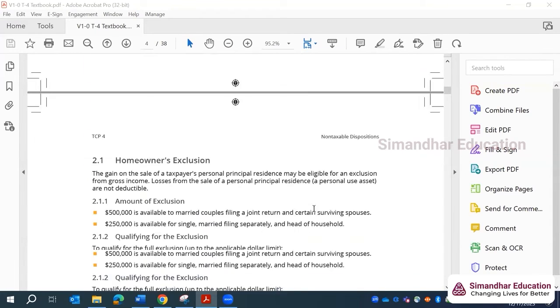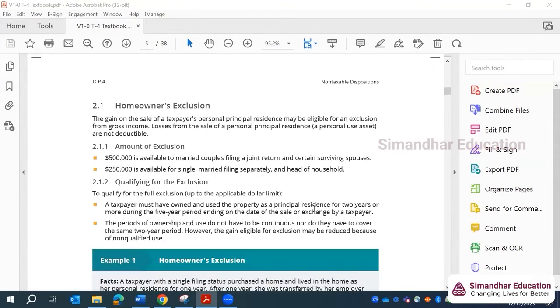Okay. So there are two criteria that you have to satisfy. One, that you should own the property for at least 2 years from the 5-year period ending on the date of the sale. And you should use the property for at least 2 years from the 5-year period ending at the date of sale.